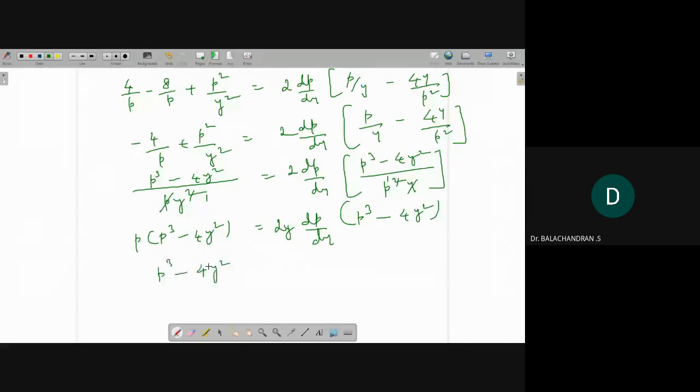So remaining we have p minus 2y into dp by dy equal to 0. So now equate p cube minus 4y square equal to 0.